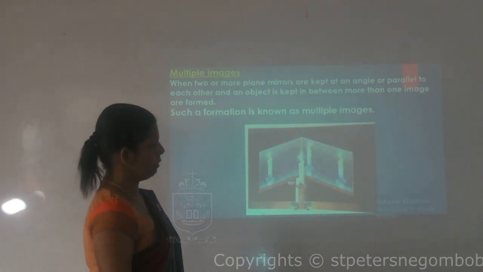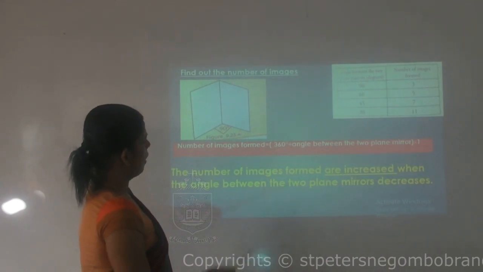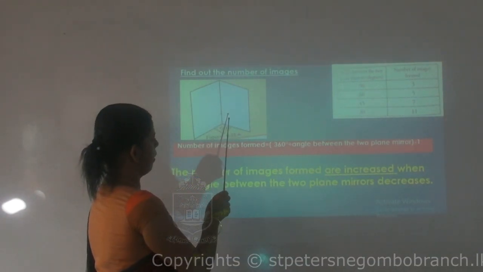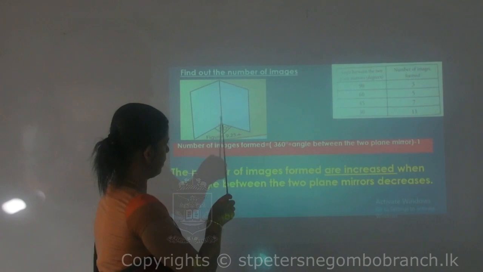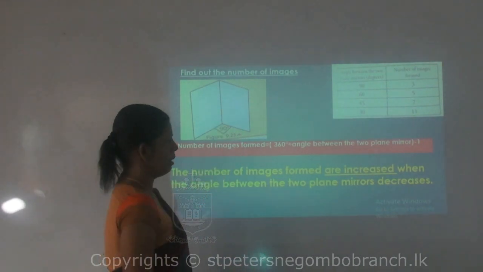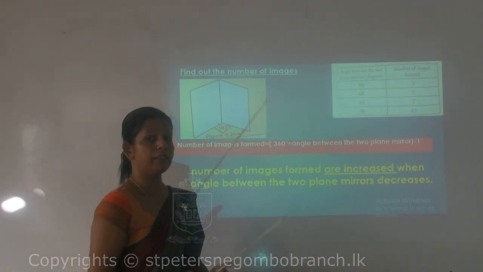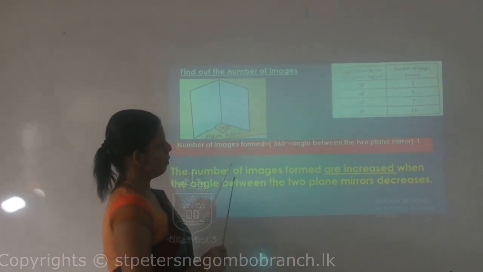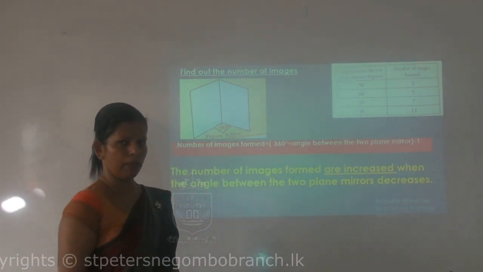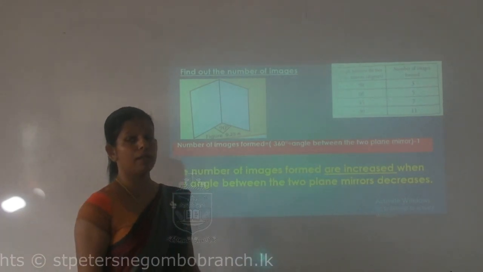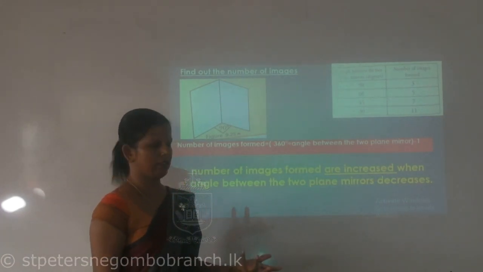Then my dear children, there are two plane mirrors kept at an angle of 90 degrees. Then how do you find out the number of images formed with different angles? There is a formula we can use to find out the number of images with different angles.